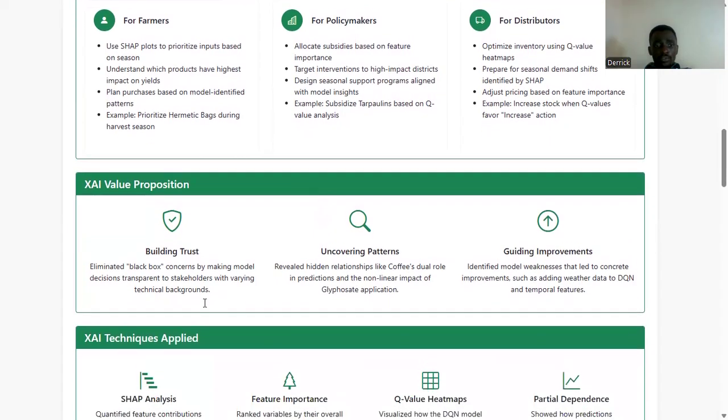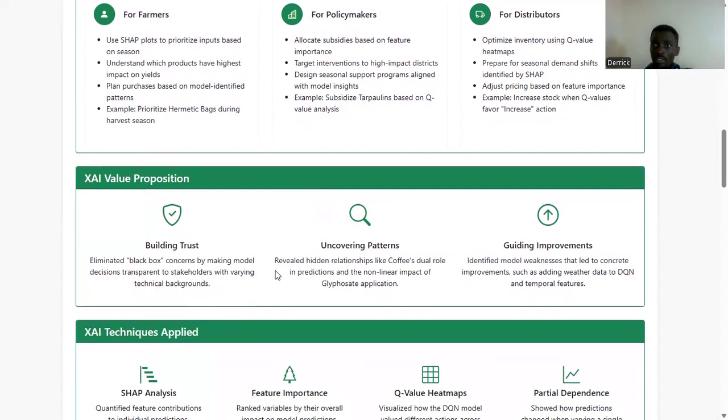Then the value proposition, explaining why it's done. We build trust with our models, uncover patterns, and guide improvements on how we can improve these models. For instance, we identified model weaknesses that led to concrete improvements, such as adding weather data to the DQN and temporal features.